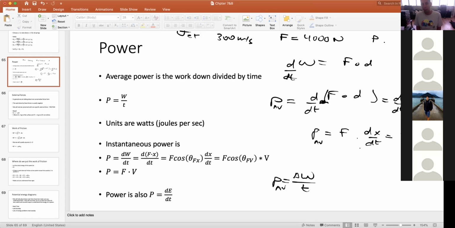Power is also a little bit weird because the sign of power doesn't matter. Imagine it this way. If I'm running a drill to drill a screw into a wall, and the drill's putting it into the wall or taking it out of the wall, it's still using the same amount of power because the derivative is energy with respect to time.